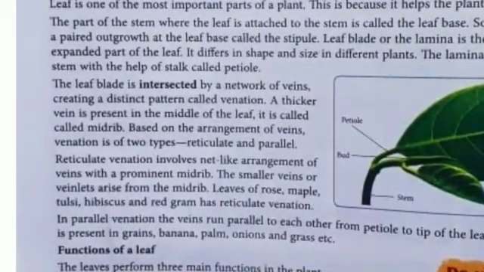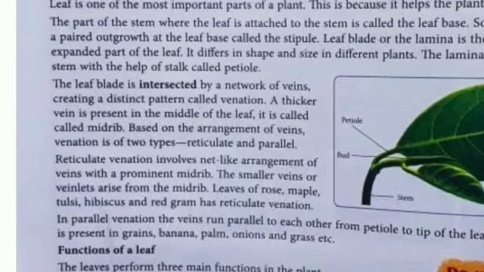Now, the leaf blade is intersected. Intersected means there is a network, network means there is a type of jal. It is intersected by a network of veins creating a distinct pattern that is called venation.